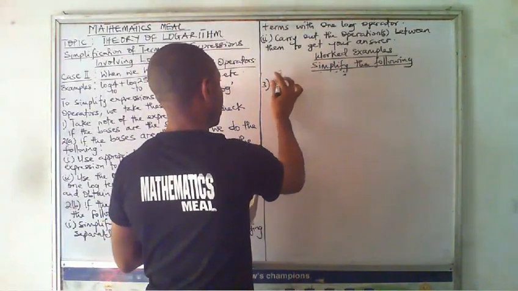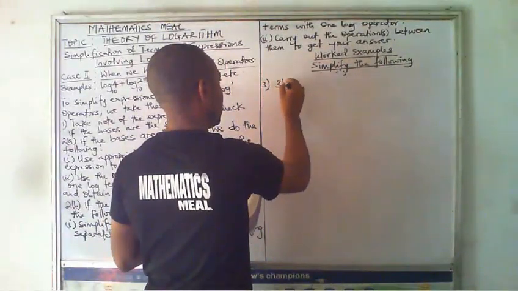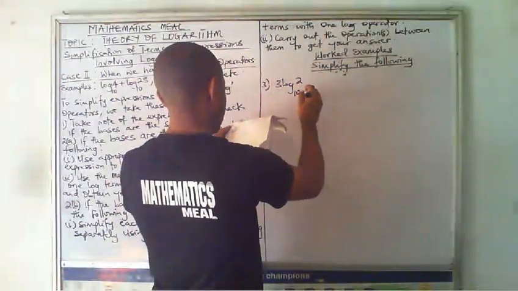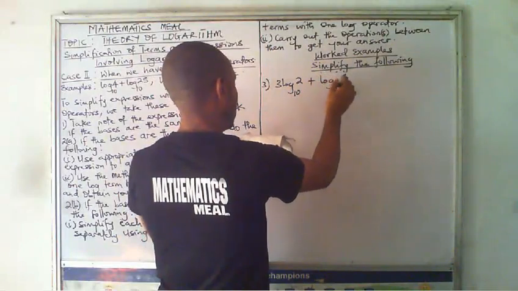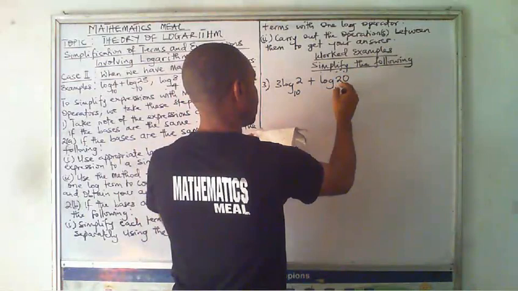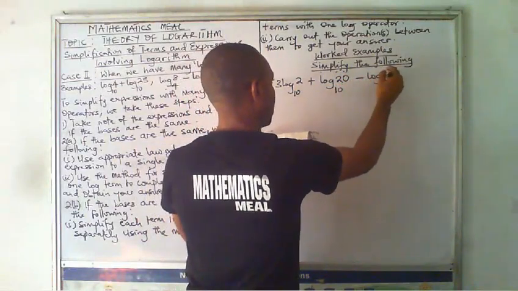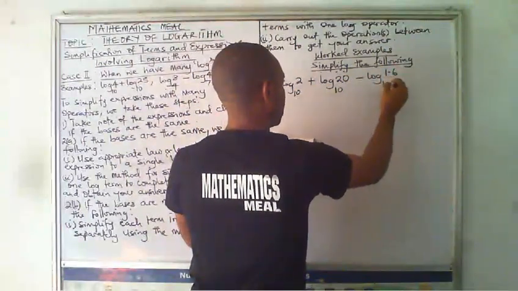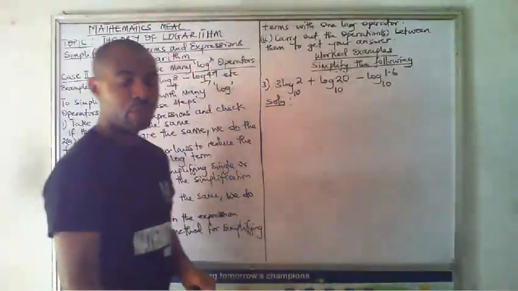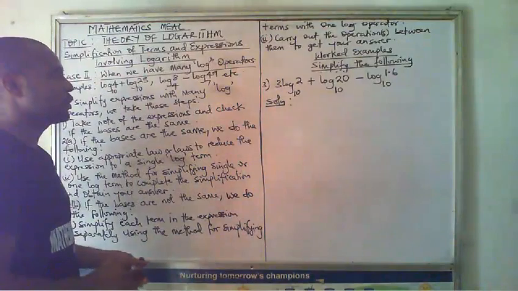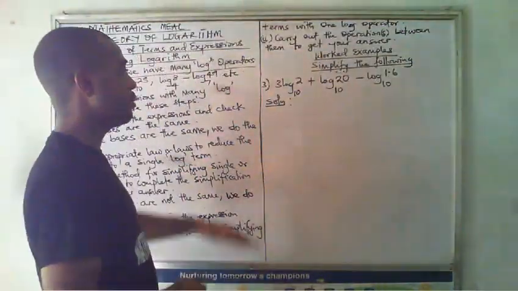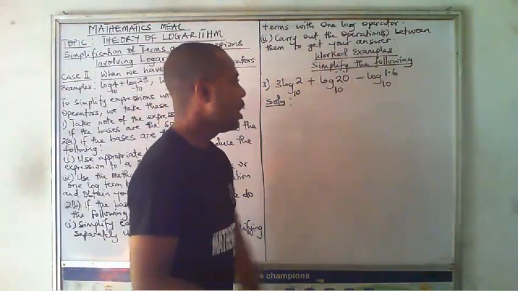I have 3 log 2 base 10 plus log of 20 base 10 minus log 1.6 in base 10. Beautiful. So in this case now we have just 3 log operators. The other one we will have just 2. Now we have 3. Okay, the same method.